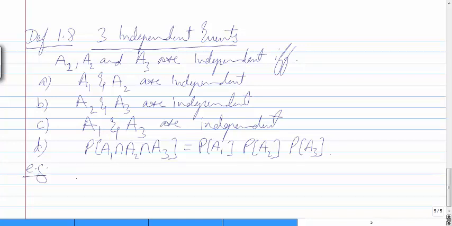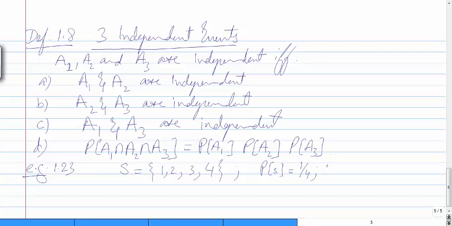Now let's look at a quick example. In an experiment with equally probable outcomes, the event space given to us is 1, 2, 3 and 4. As we know this is equally likely, the probability of each individual outcome is 1 by 4.